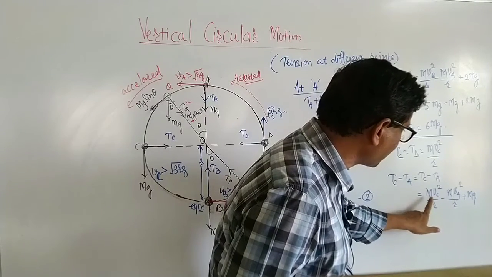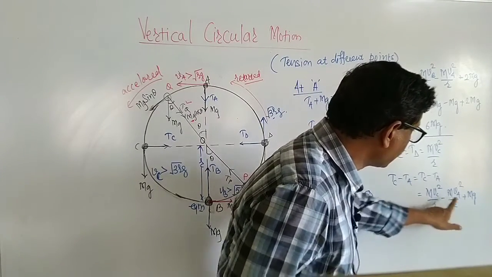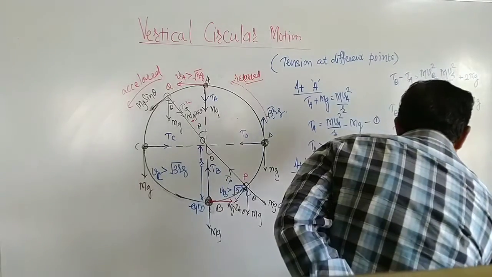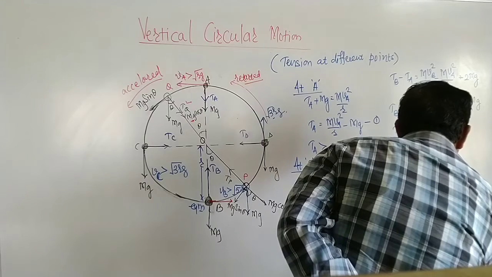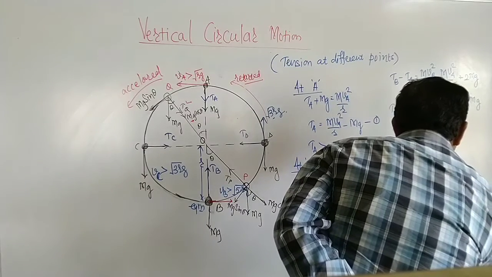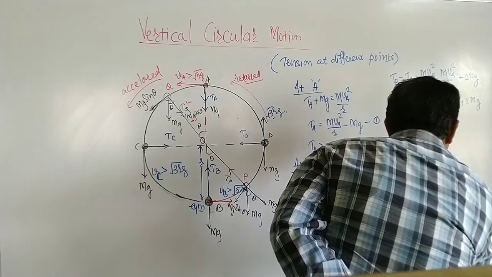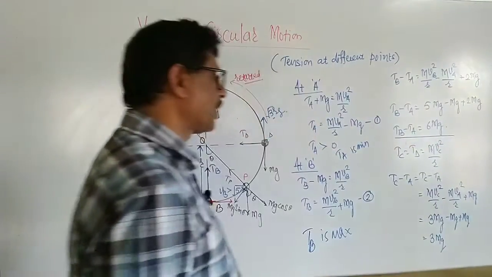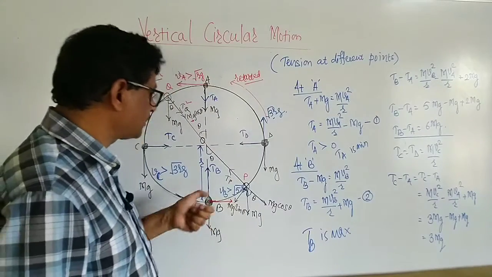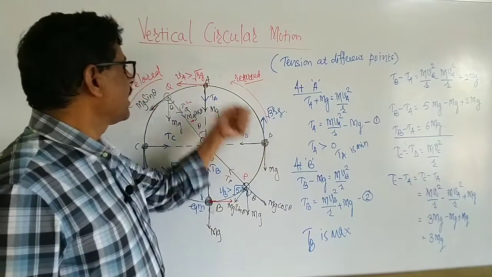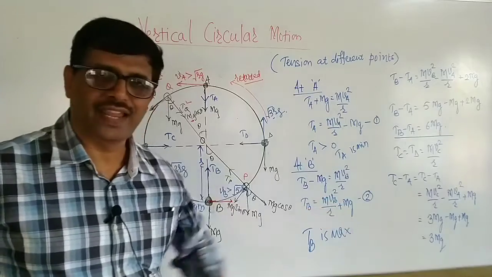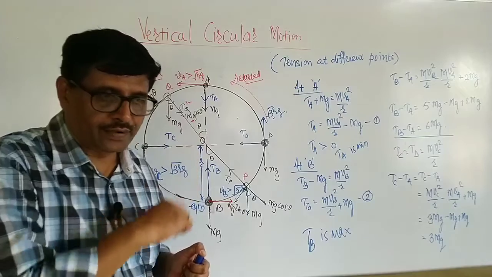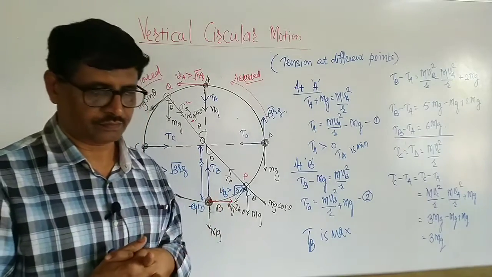R gets cancelled, therefore it is 3mg. Here va square is rg, so it is mg. It is equal to 3mg minus mg plus mg. Therefore, it is equal to 3mg. Therefore, the difference of tension at the horizontal diameter and at the topmost position is 3mg. Like this, tension keeps changing in vertical circular motion.